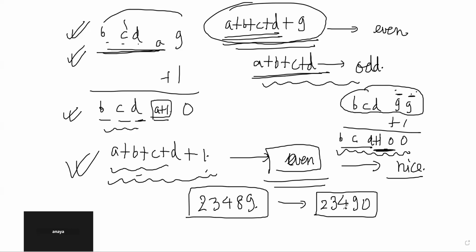That also has all digits different. Here also all digits were different, right? Notice that the sum of the digits here is 18, which is even, and the sum of the digits here was 5 plus 4, 9, 9, 18 plus 8, 26, which is also even. So both of them are nice numbers because they have different digits and even sum of the digits.